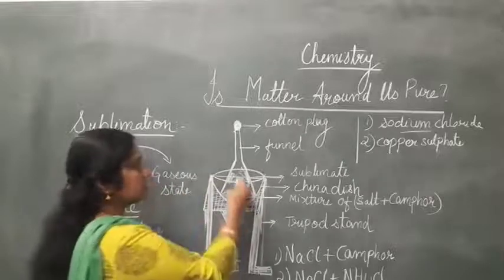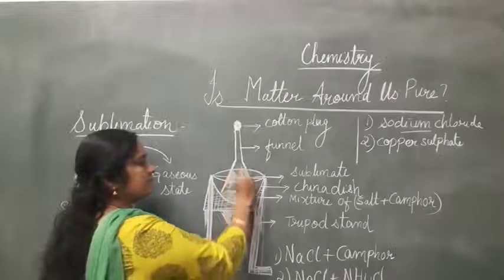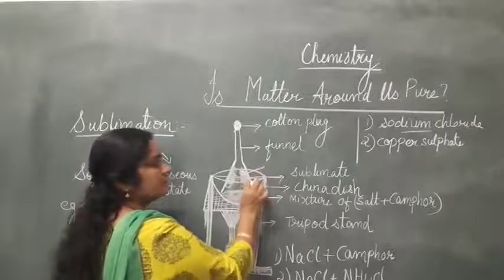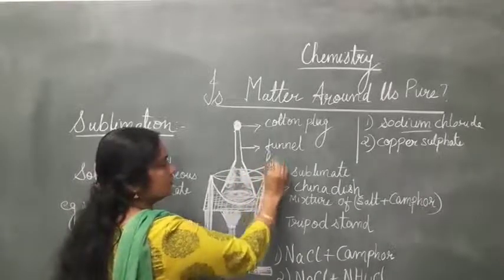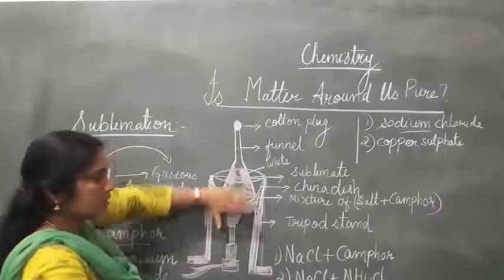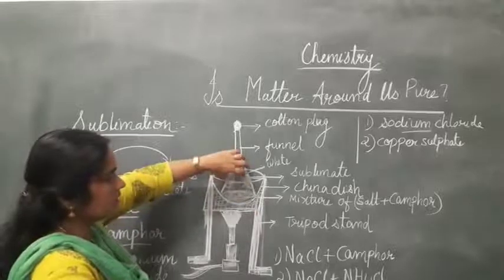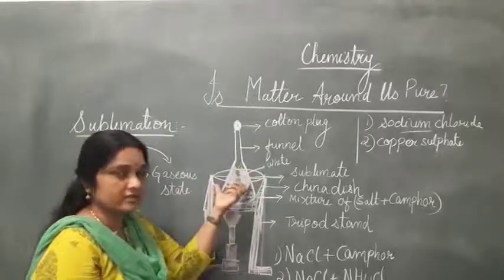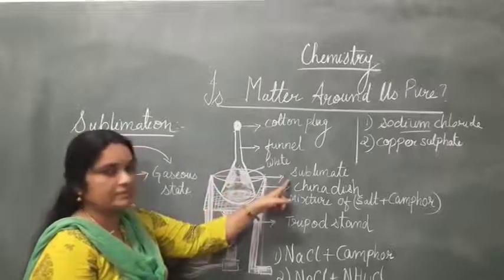When you cool this, you can see some white color substance sticking onto the side of the funnel. When you cool it, first it will start vaporizing, then switch off the burner, and you can see a white color substance which sticks onto the inner side of the funnel, and this is known as sublimate.